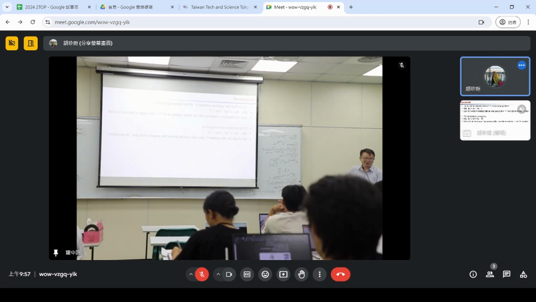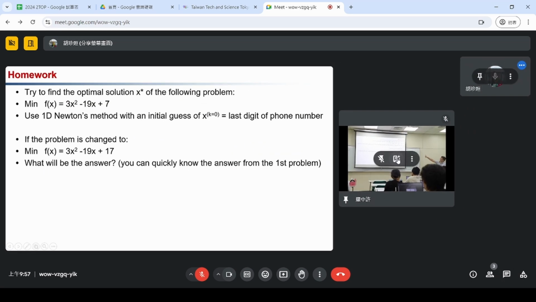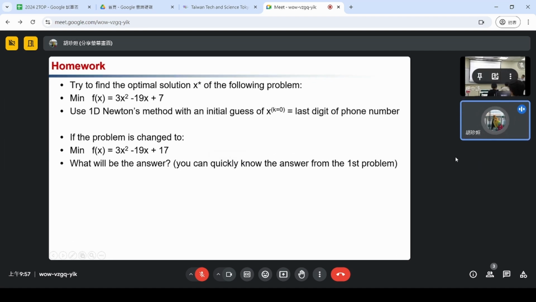Homework. There's a homework. So here's the solution example. Here's the problem I give you. Different value set. Do this. The initial guess is the last digit of your phone number. Just if your phone number ends with 9, then that's your initial guess.